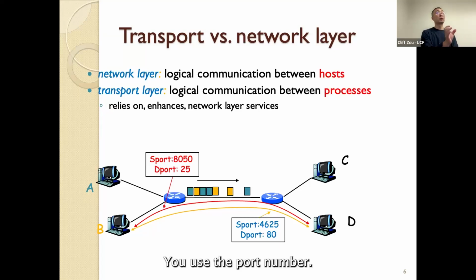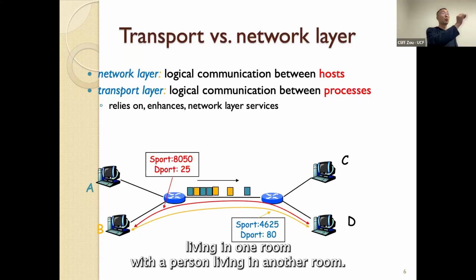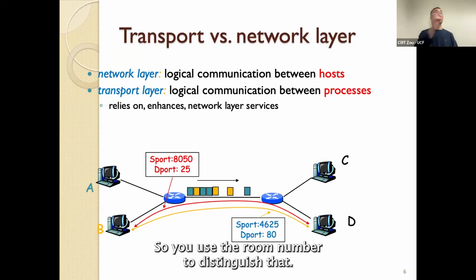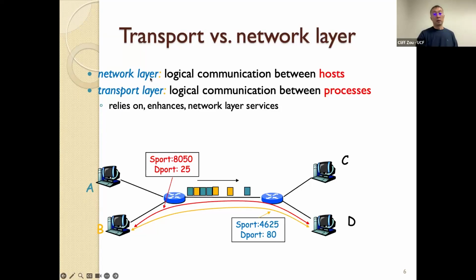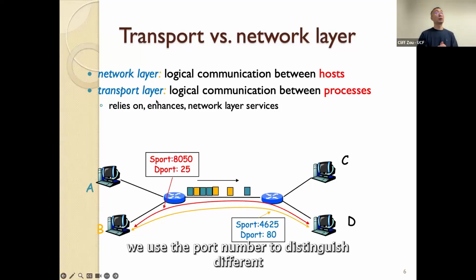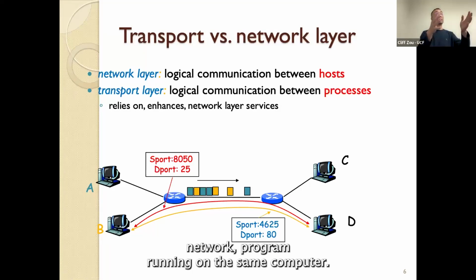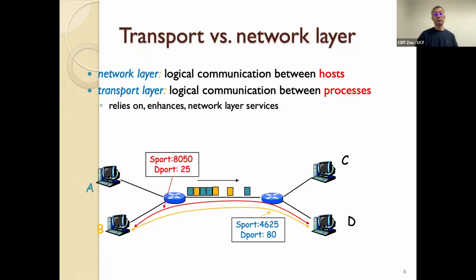You use the port number. It's just like in an apartment building. How do you distinguish the person living in one room from a person living in another room? You use the room number. So in the internet, we use the port number to distinguish different network programs running on the same computer.